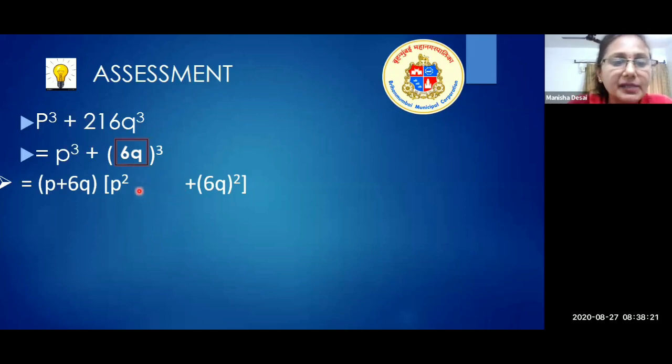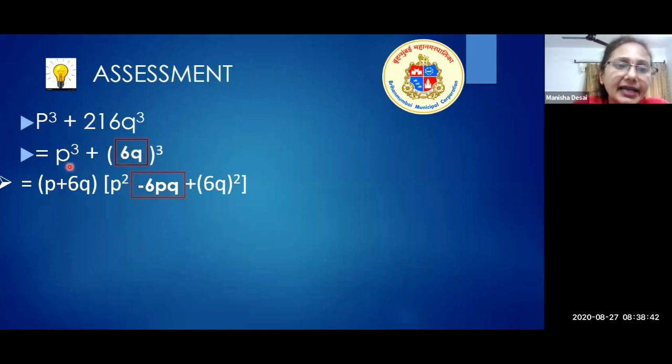Here which term is missing? I have written already and one term is missing. Can anyone tell me what is missing over here? Minus 6pq, because it is minus ab, no?